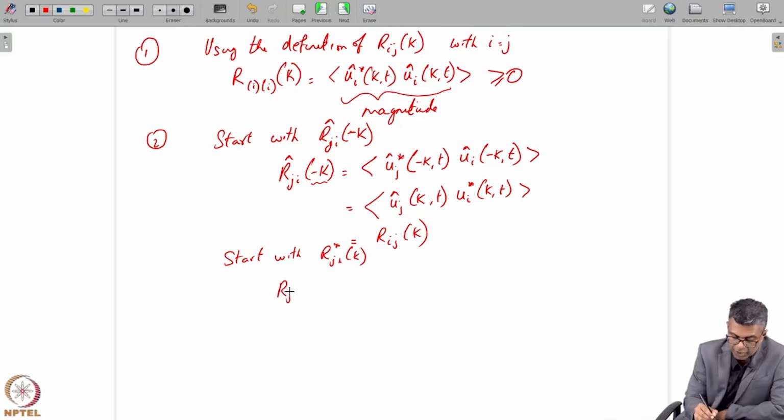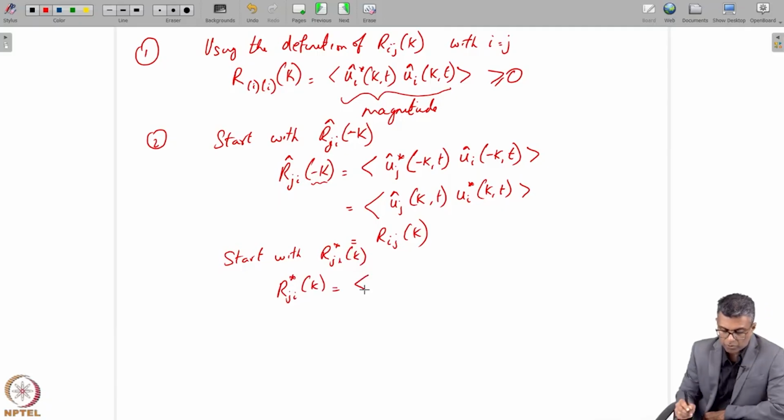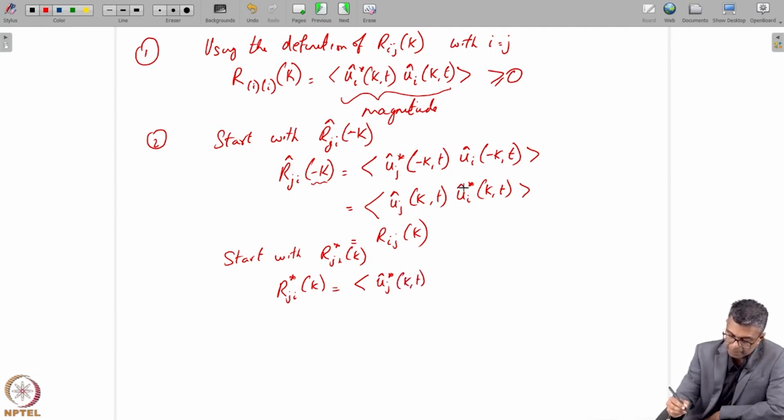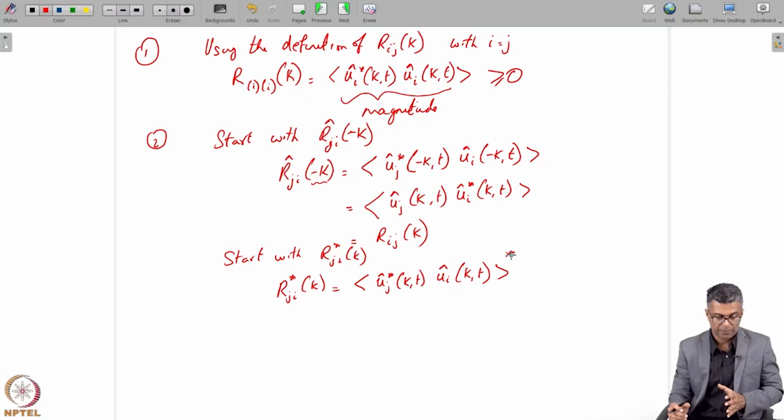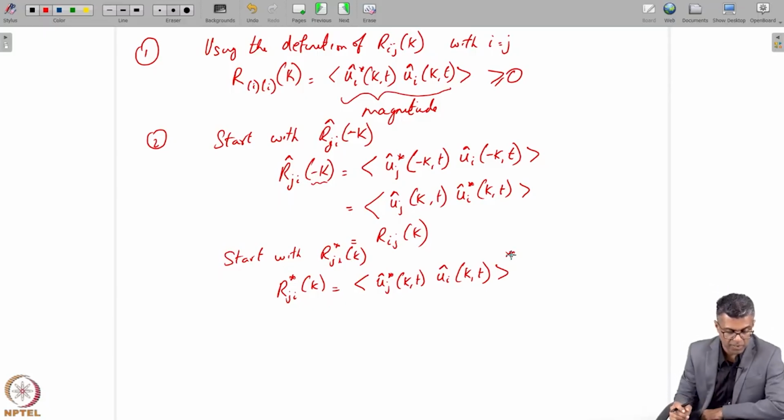We get Rji star of kappa is equal to covariance open. By definition, you will have Uj star of kappa comma t hat and Ui hat of kappa comma t, covariance close, and star of the whole thing because it is Rji star.